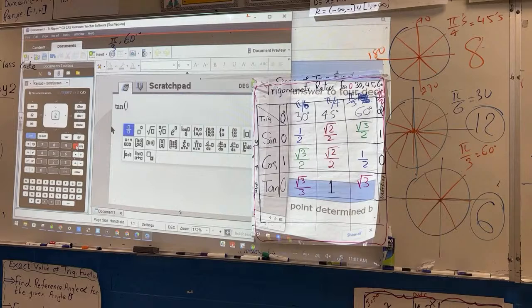Yeah, All means all six ratios are positive. Stupid: sine is positive, and cosecant also by default, but the others are negative. Teachers: tan is positive, but the rest are negative. And here, cosine is positive.